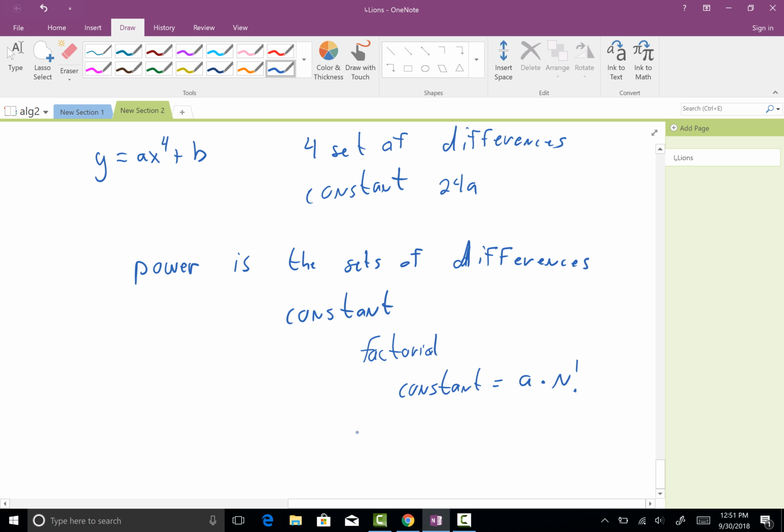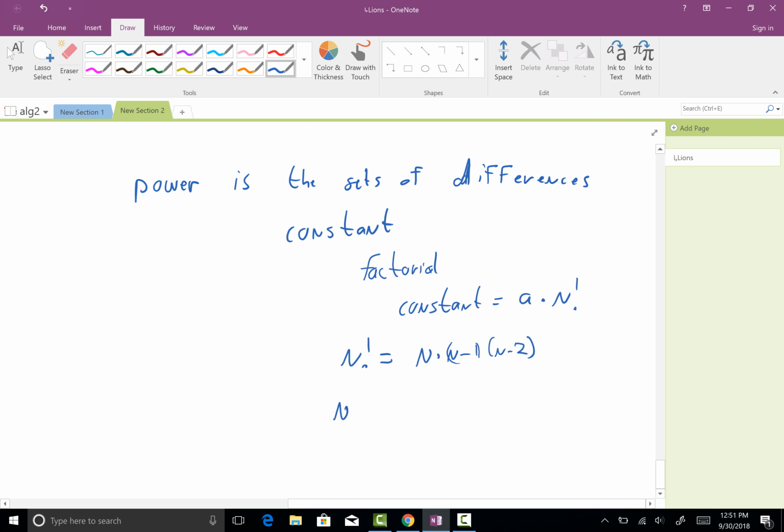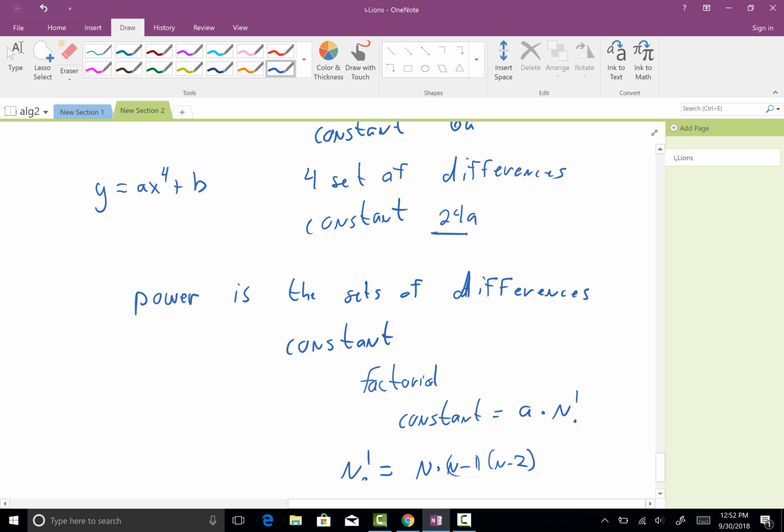Well, what is a factorial? n factorial, which is abbreviated with an exclamation point, would be n times n minus 1 times n minus 2, and so on. Okay? So, in other words, 4 factorial is equal to 1 times 2 times 3 times 4, which just happens to be 24, which was that number there.